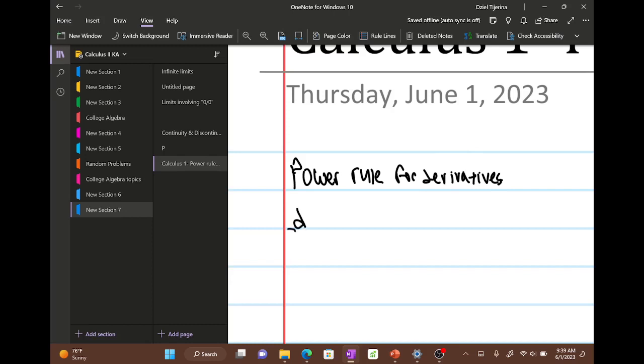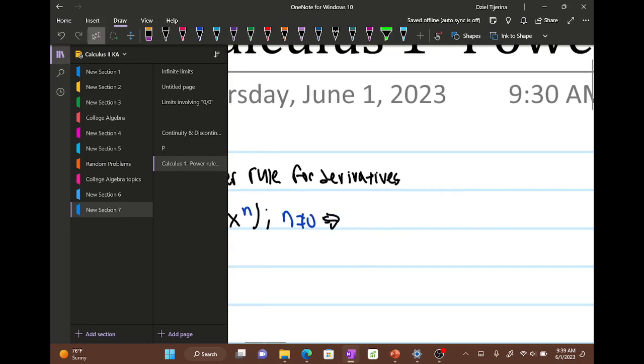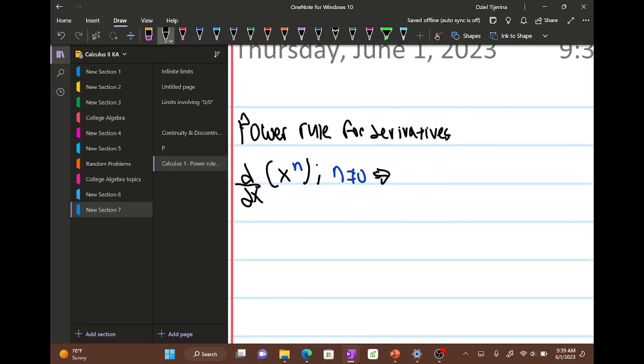We have d dx of x raised to some number n, such that n does not equal 0, is equal to n x to the n minus 1.